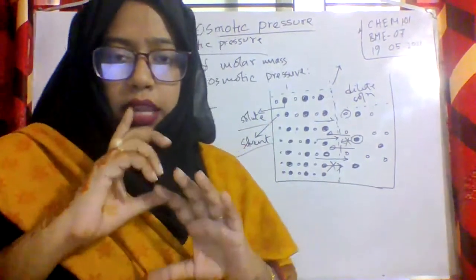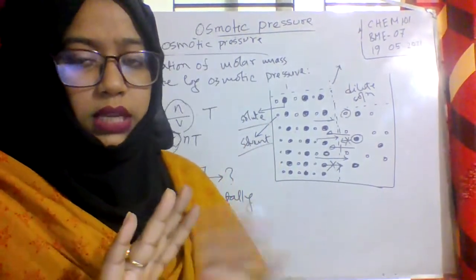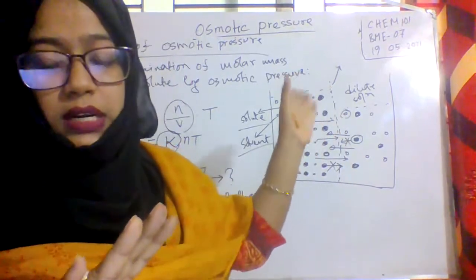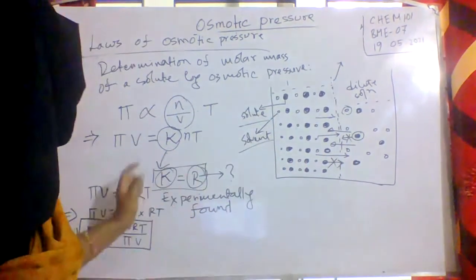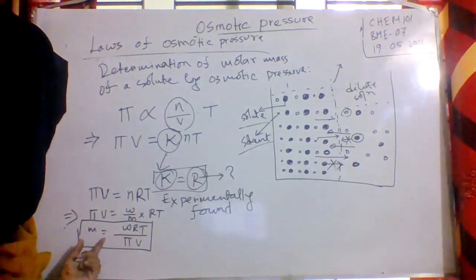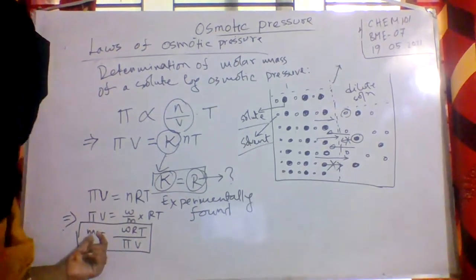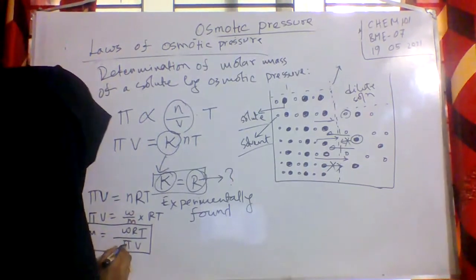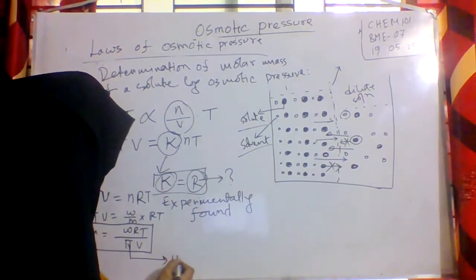If you can calculate the pressure, then you can find out the molar mass, because only this pressure is unknown, right?